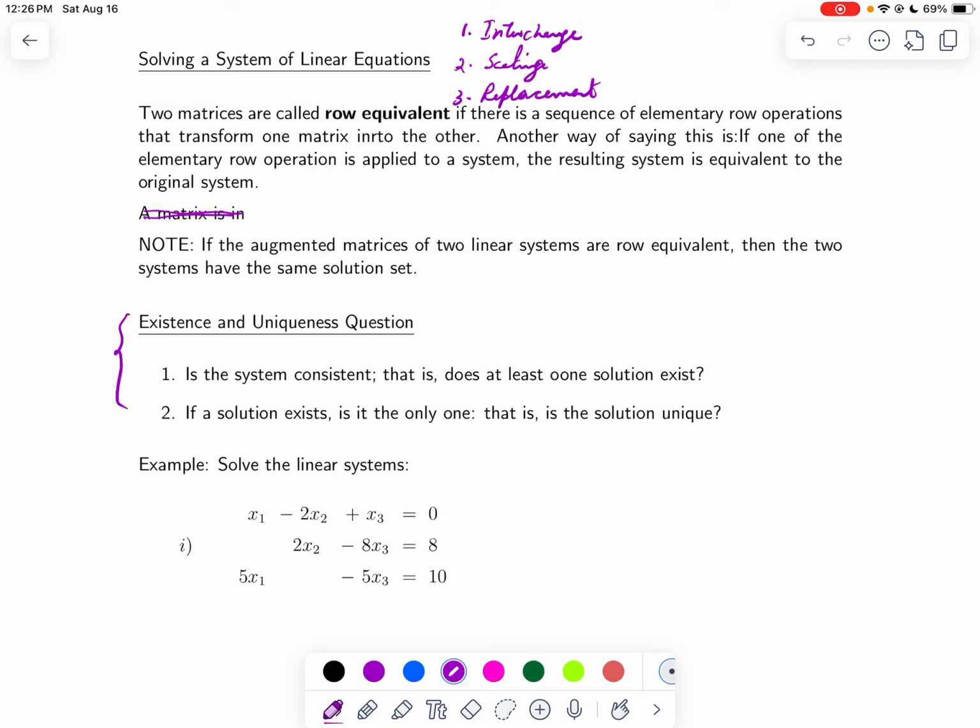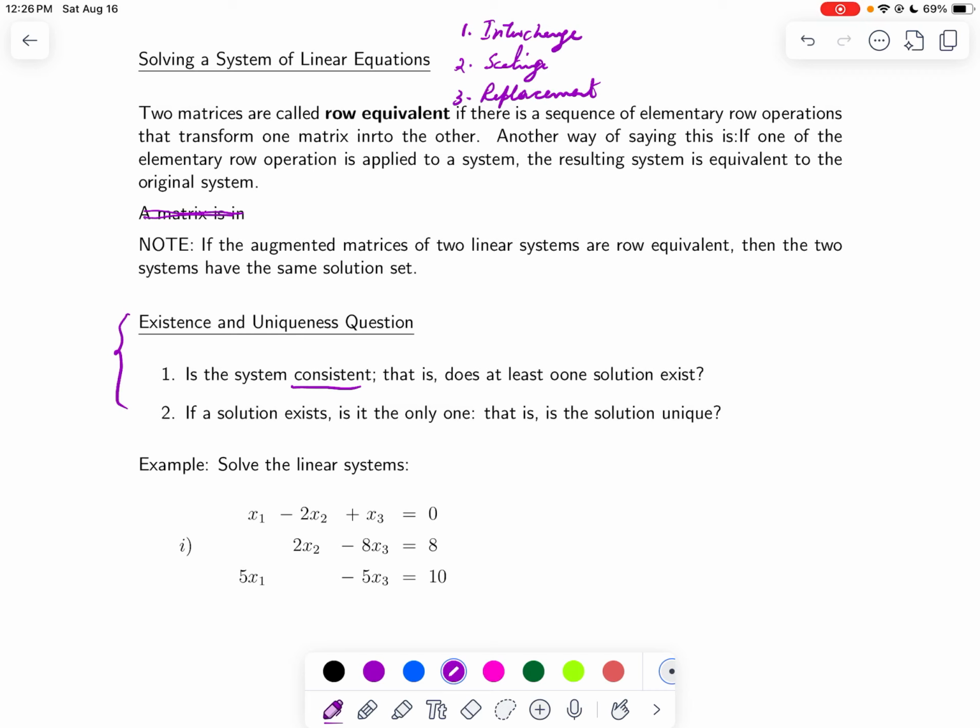Now, the main question in this section is: is there a solution? Is the system consistent? Remember, a system is consistent when there is at least one solution. And what are our possibilities? We saw in video 1 that a system of equations can have three choices.